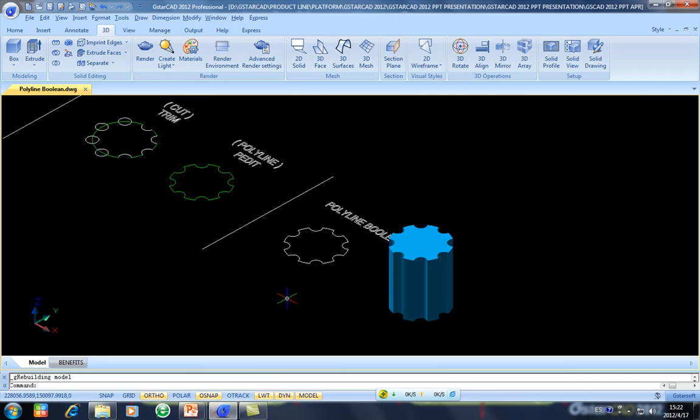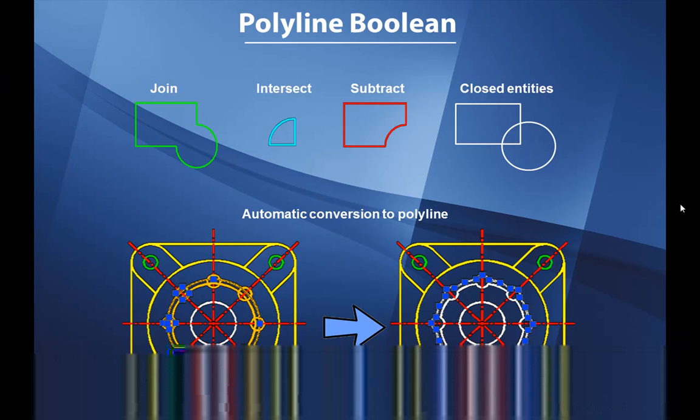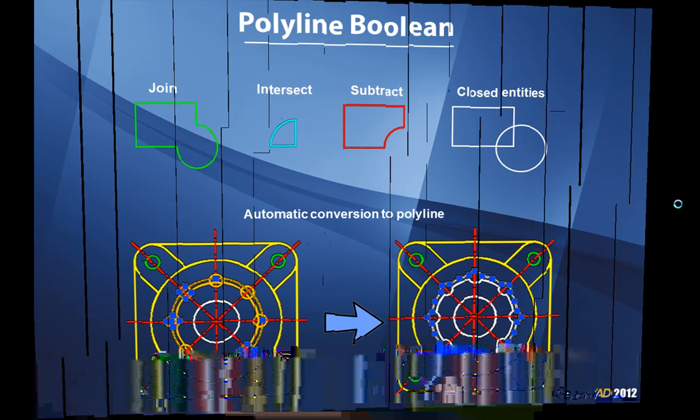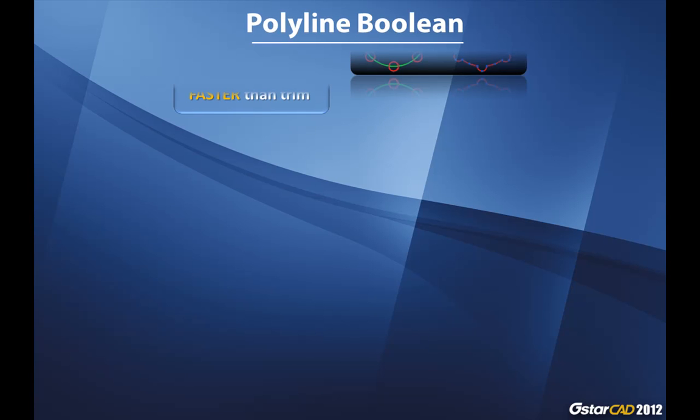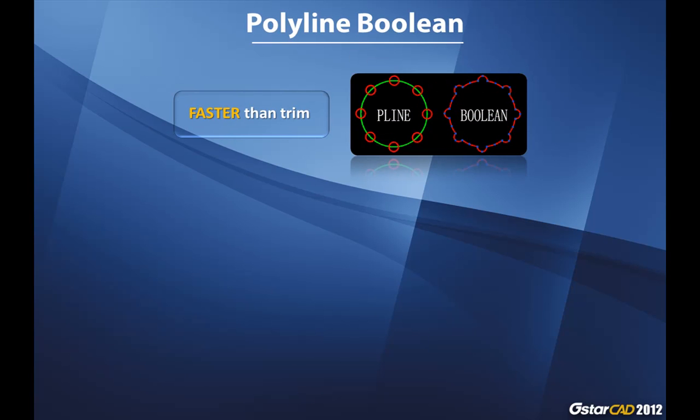So it is powerful. Let's see the benefits of this new plugin added in 2012. Polyline boolean is faster than trim. Yes, it's faster at cutting the closed entities.